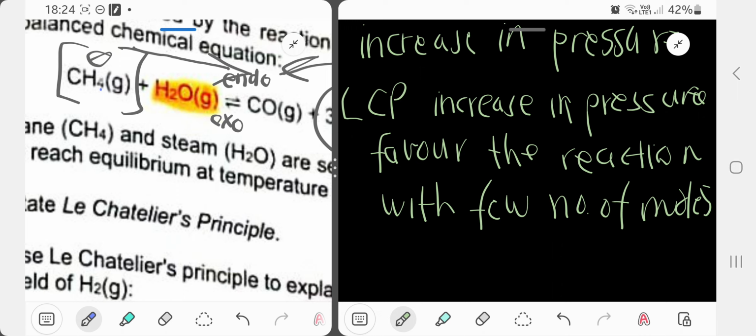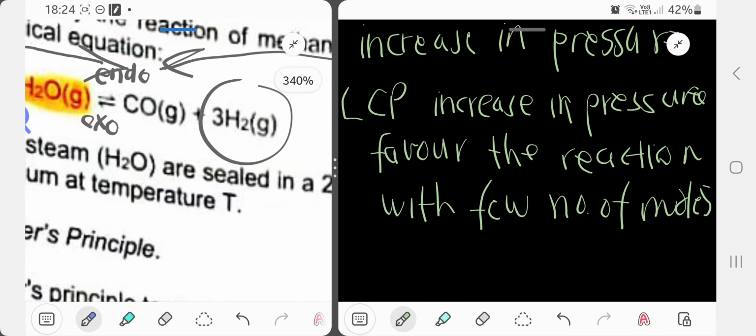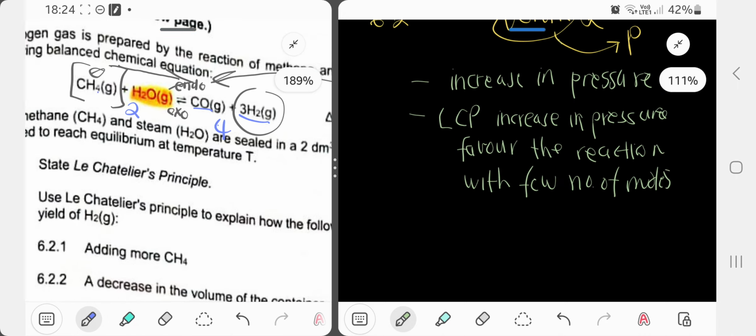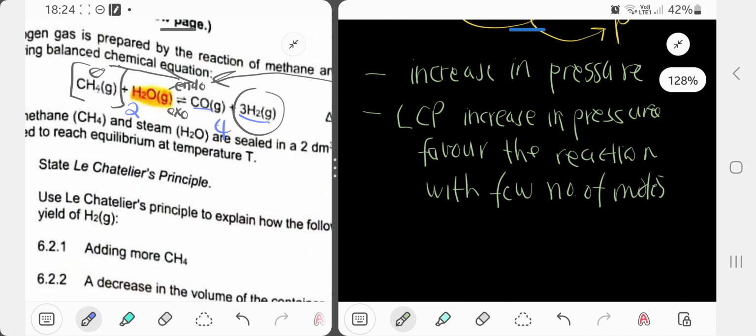So in total, the reactants have 2 moles. And then here we have CO, 1 mole of that, and 3 moles of hydrogen. So in total, on the product side, we have 4. And remember that according to Le Chatelier, an increase in pressure will favor the reaction with the fewer number of moles. So which reaction will be favored? It's the reverse reaction, because that is the one with the fewer number of moles.